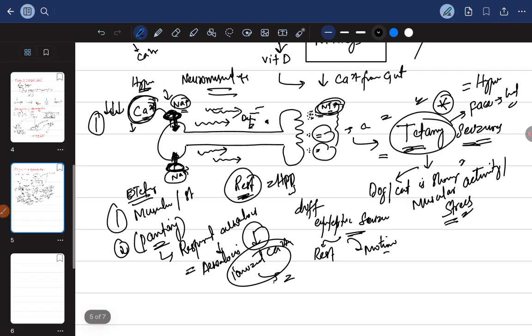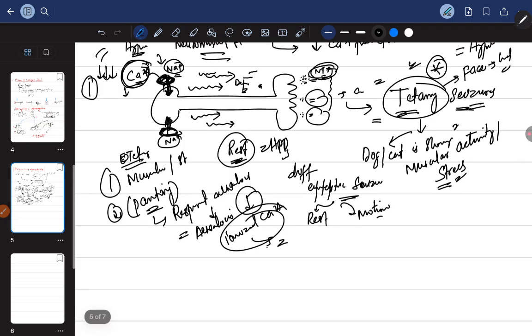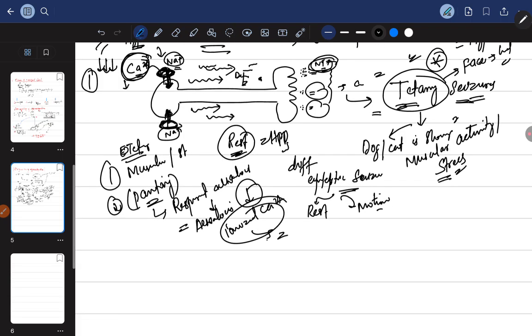This was one of the complications. This is the pathophysiology, how these tetanic seizures occur, how to differentiate between tetanic seizures and epileptic seizures, and how panting modulates these tetanic seizures.